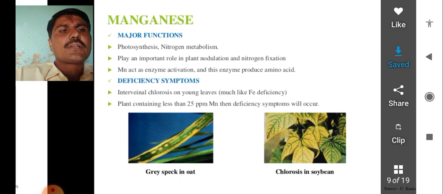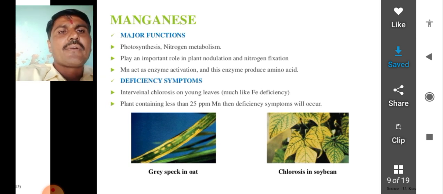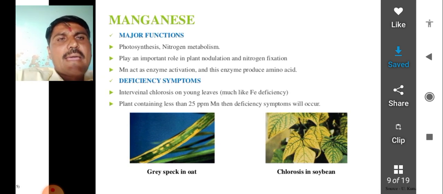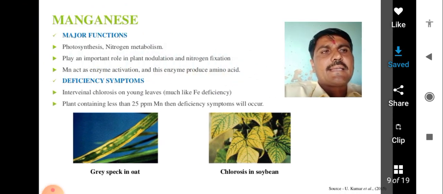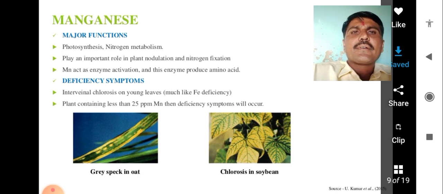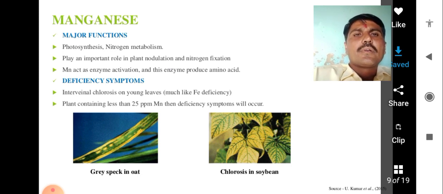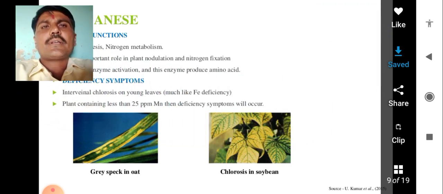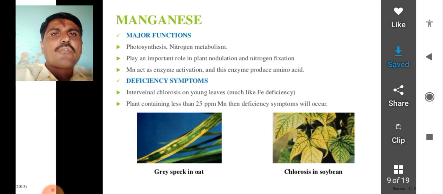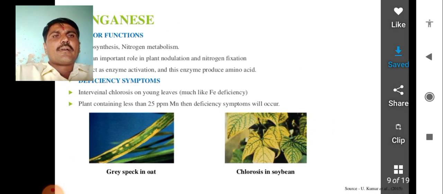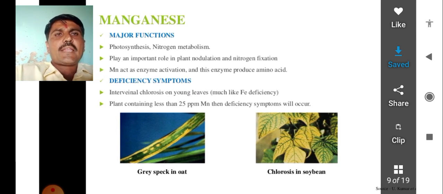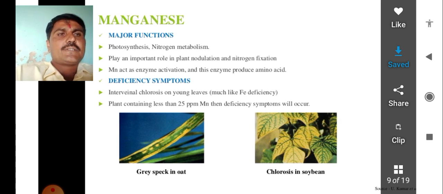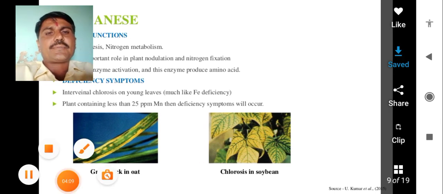Next to that, you can observe the manganese. What are the functions of the manganese, and in the absence of manganese, what would be seen? So friends, here are the major functions: photosynthesis and nitrogen metabolism. Manganese plays an important role in plant nodule formation and nitrogen fixation.